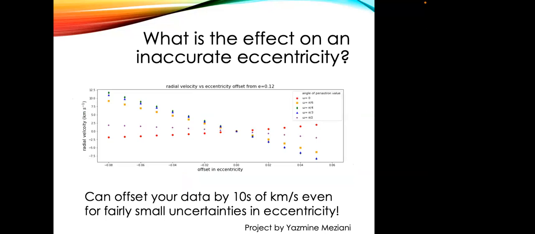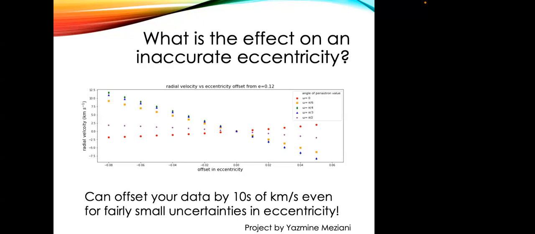This is work done by an undergrad I'm working with, because of the GJ3470b data set. I was like, well, how does this affect it? Can we quantify this effect? And it's highly dependent on angle of periastron.